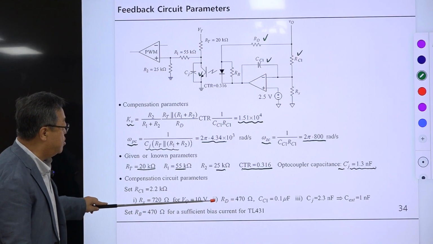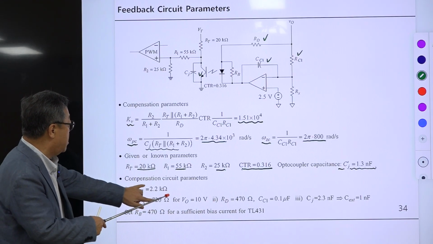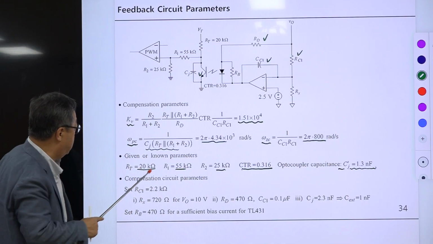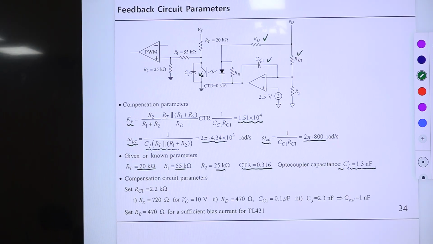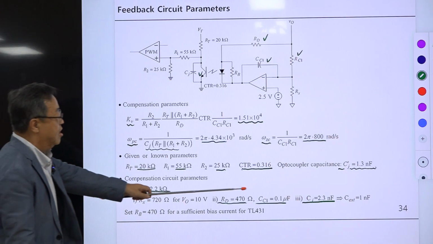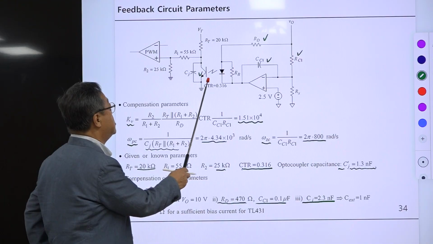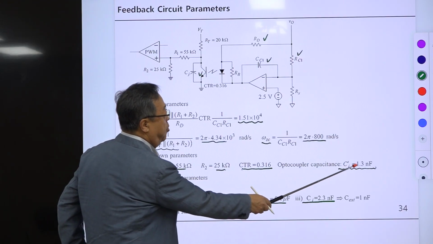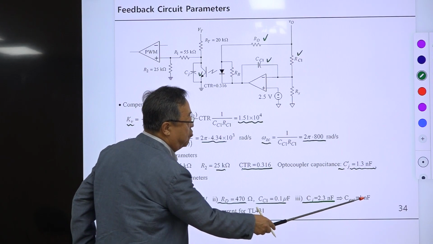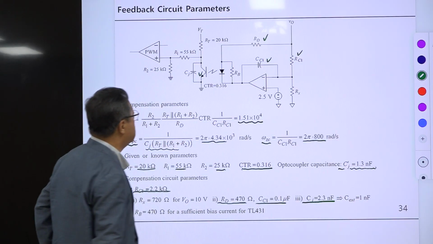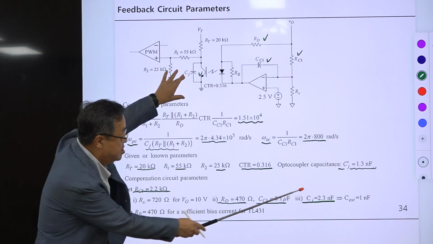With this selected in advance, the remaining values are determined, and the calculated value of CJ was 2.3 nanofarad, but the parasitic capacitance of this optocoupler is 1.3 nanofarad, and you add a one nanofarad capacitor in parallel to make this number.